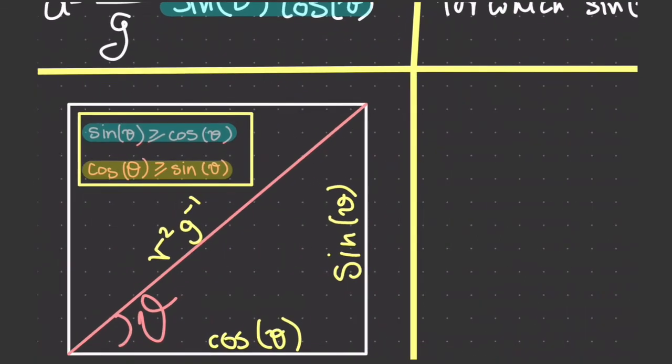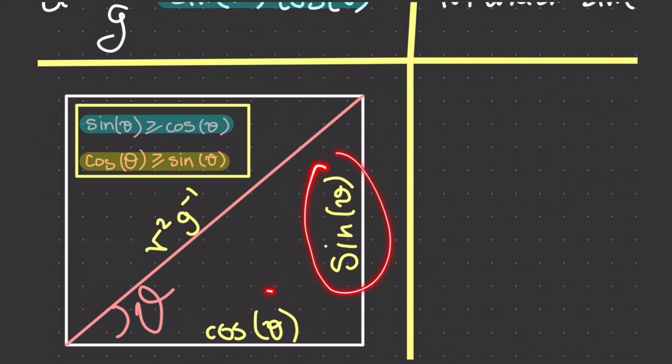Now, one very important thing to note here is, if this is sine theta and this is cosine theta, because we're talking rectangles, either sine theta must be greater than or equal to cosine theta, or cosine theta must be greater than or equal to sine theta, no matter how you look at it. One of these things has to be true. Only one, though, because both of them cannot be true at the same time due to logic.